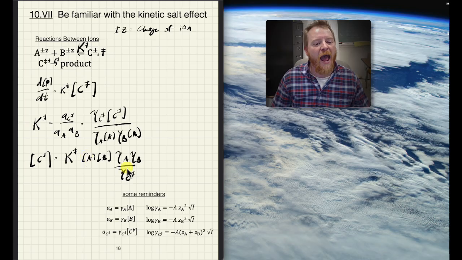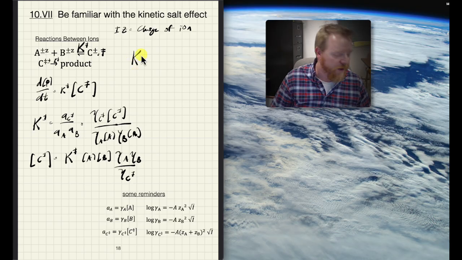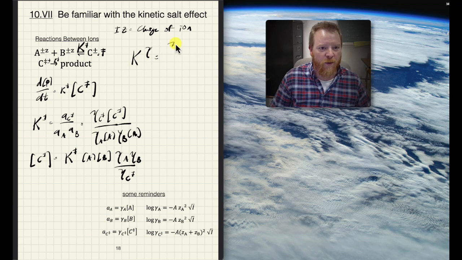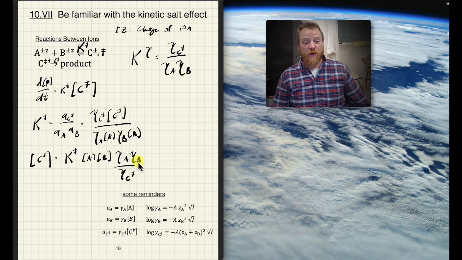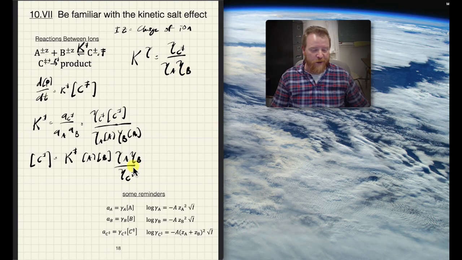Okay, so now I'll note here that all of these gammas, so I'll write that the equilibrium constant with respect to gamma, only with respect to gamma, right, will be gamma C double dagger all over gamma A times gamma B. So you can see we've got 1 over that right there.